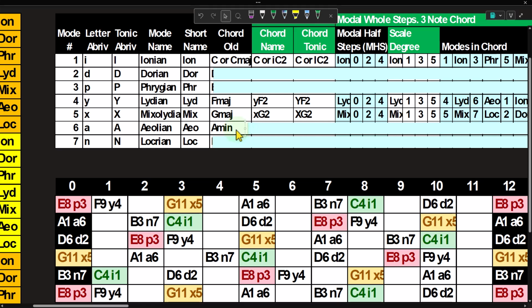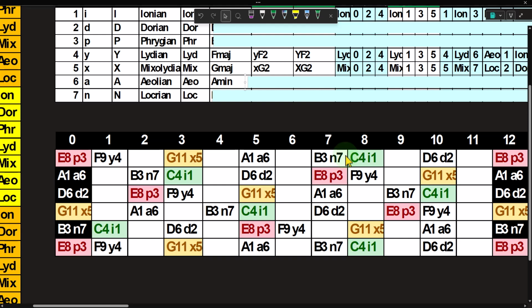Now, the problem with the minor is just like with the major, it doesn't give us context between the three types of minors that we could have from a song standpoint, which means it would be the Aeolian or the Dorian or the Phrygian. It doesn't give us the context of the song.